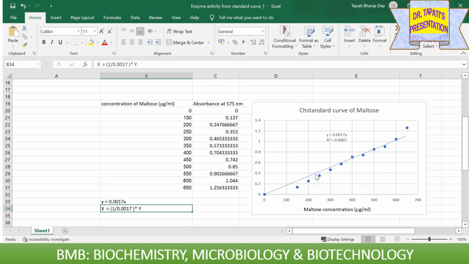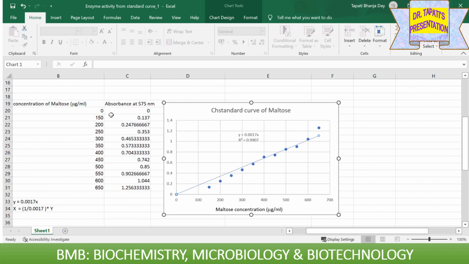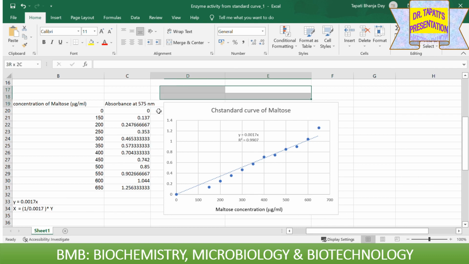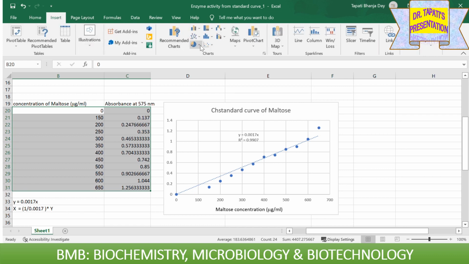Now how did we get this curve? Again I am plotting this curve in this way. You have to select these data, x and y data, and then we have to insert a graph.